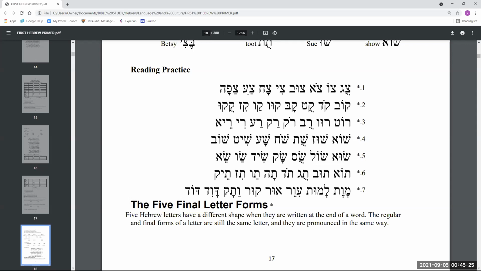So that's tsa. Right, remember the rule with that ayin, that's silent unless it has a vowel point. Okay. So that's tsa. Last one.